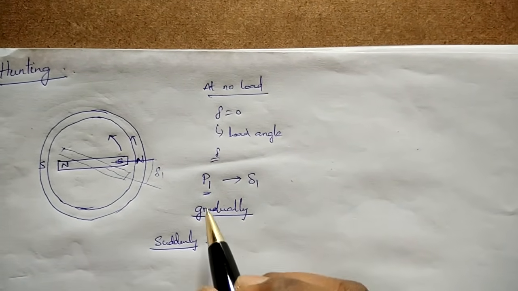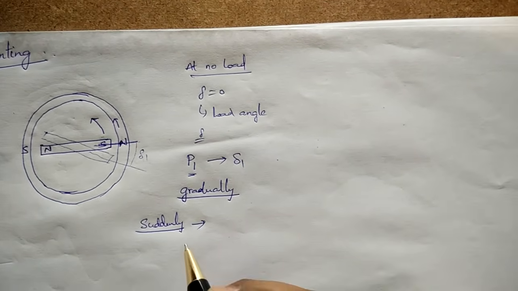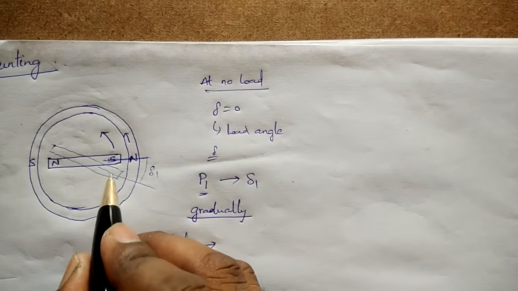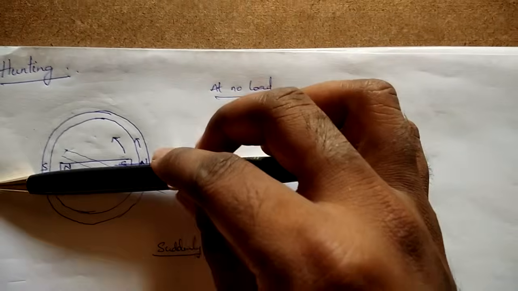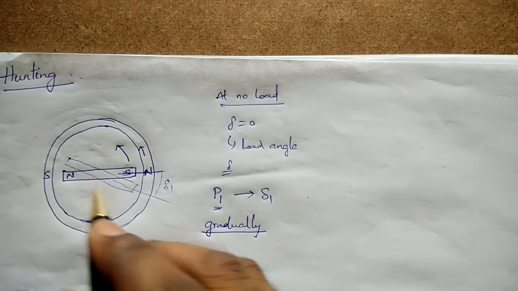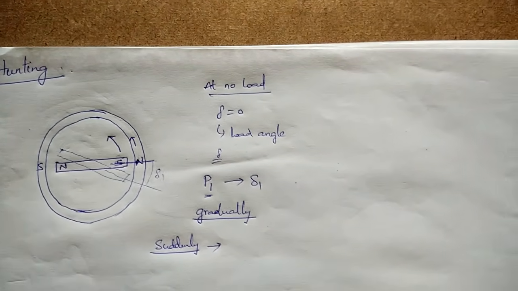If you put the load suddenly, what will happen initially? The speed decreases, and the rotor will come to the position of delta 1 angle, this position.